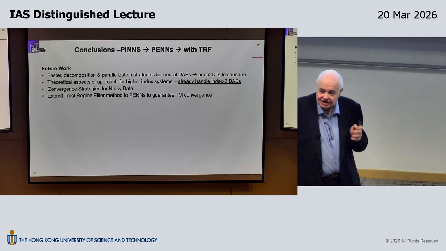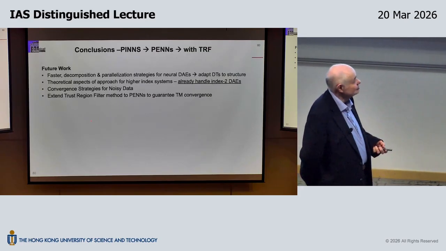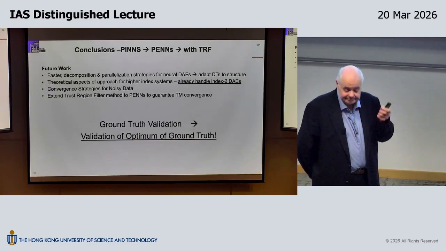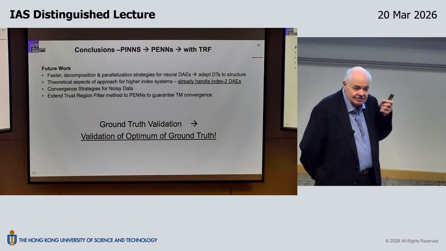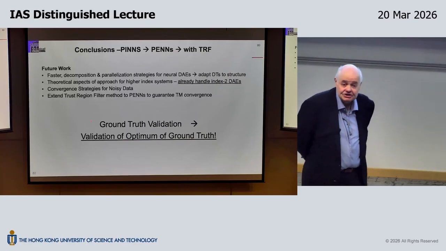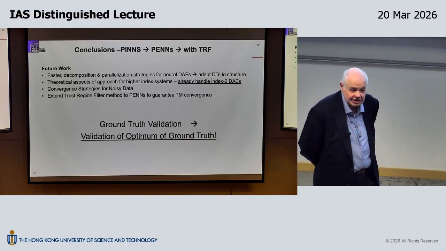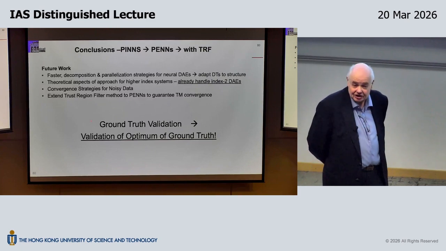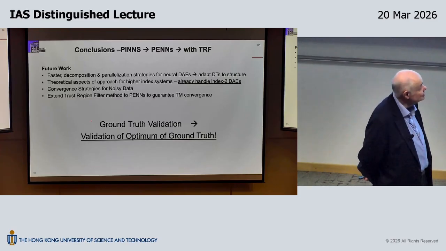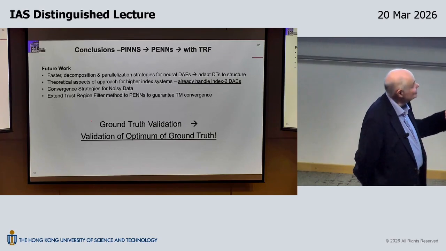And maybe the one takeaway I wanted to give you for this problem is the following. What we need when we use digital twins for any kind of optimization purpose is ground truth validation. Now, if you have a truth model, use it, and you have a trust region filter method that allows you to do that. If you don't have a truth model, then there's an open question here.